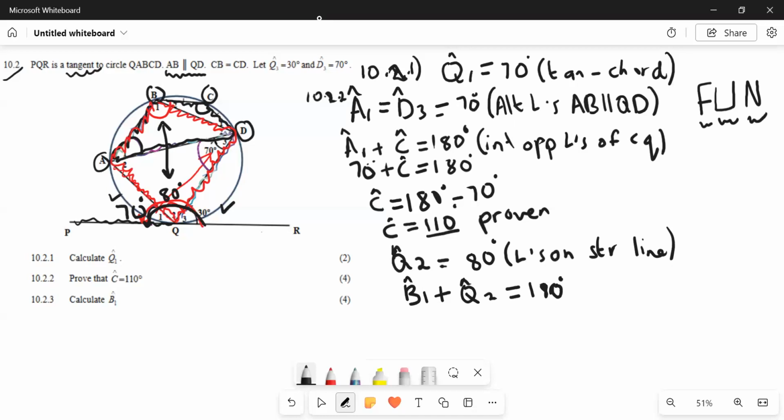The reason: interior opposite angles of the cyclic quad.